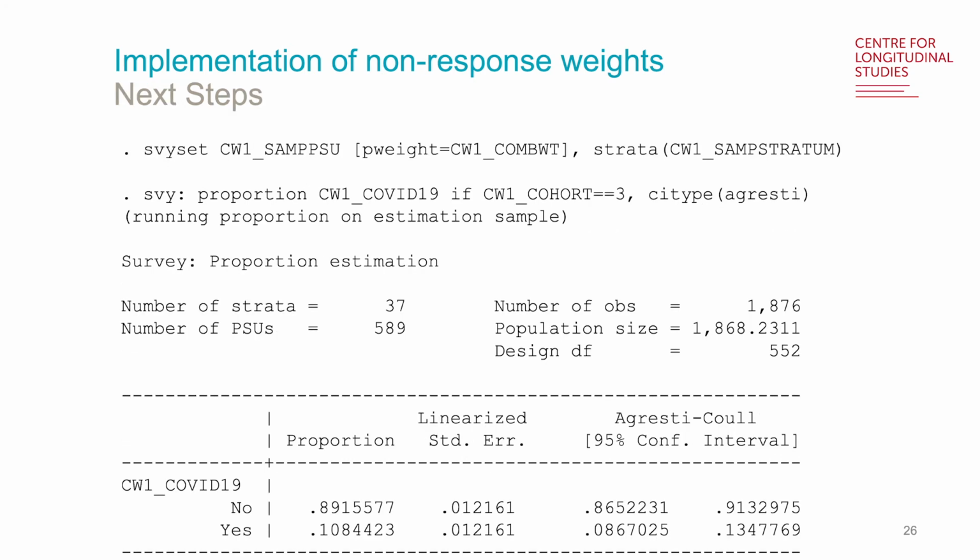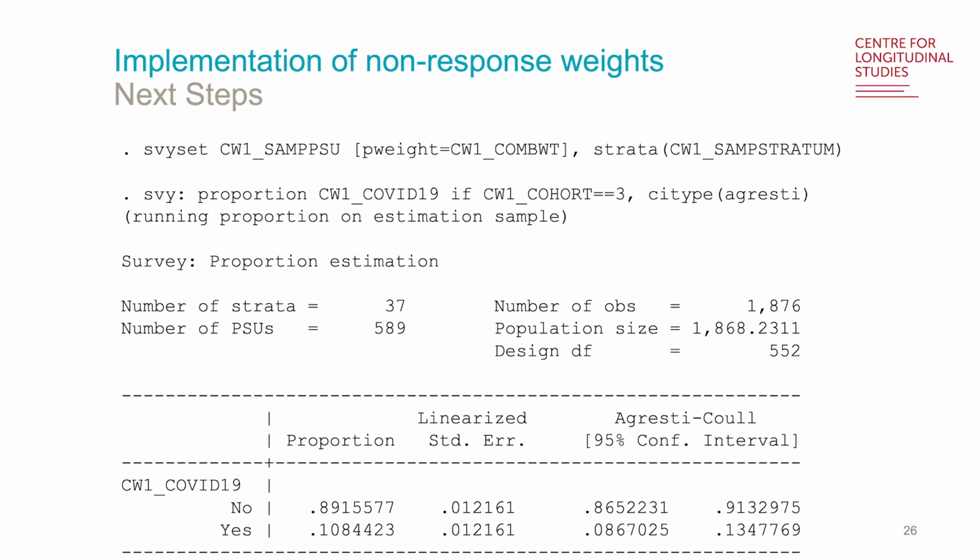In Next Steps, as I say, it gets a bit more interesting. So we are now svysetting our data. We're specifying the PSU variable, and we're specifying the strata variable. If you're familiar with analyzing these datasets, then you should see that the variable names we're using here are exactly the same as those that you would normally be using, but just with a CW1 prefix at the start to specify that they're within the COVID-19 survey dataset.